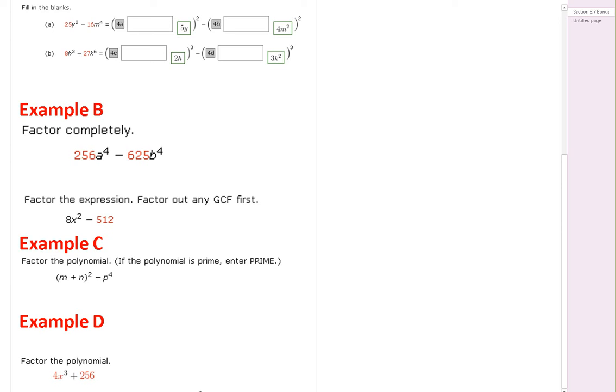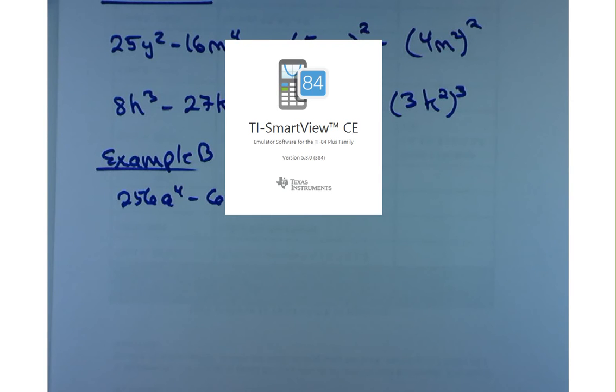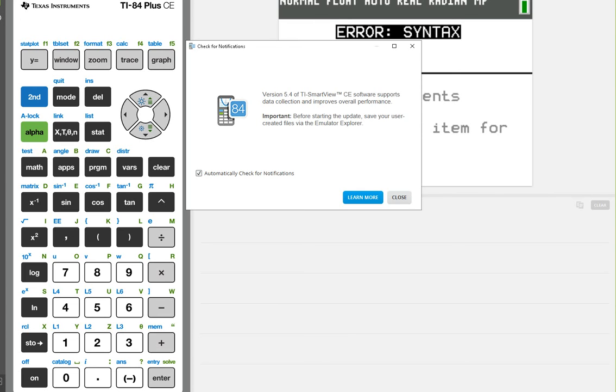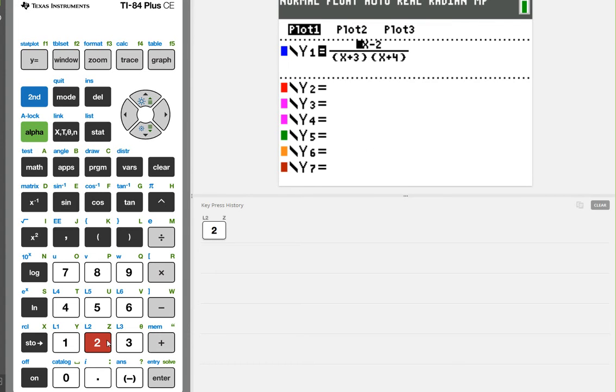Now, if you're looking at that going, oh my gosh, those are just really big numbers, I don't know where to begin. Well, there's only 2 terms, and you're subtracting them. So it either could be the difference of squares or the difference of cubes. And if you're looking at that going, I don't know what I'd square to get 256, well, there's a nice way around it.